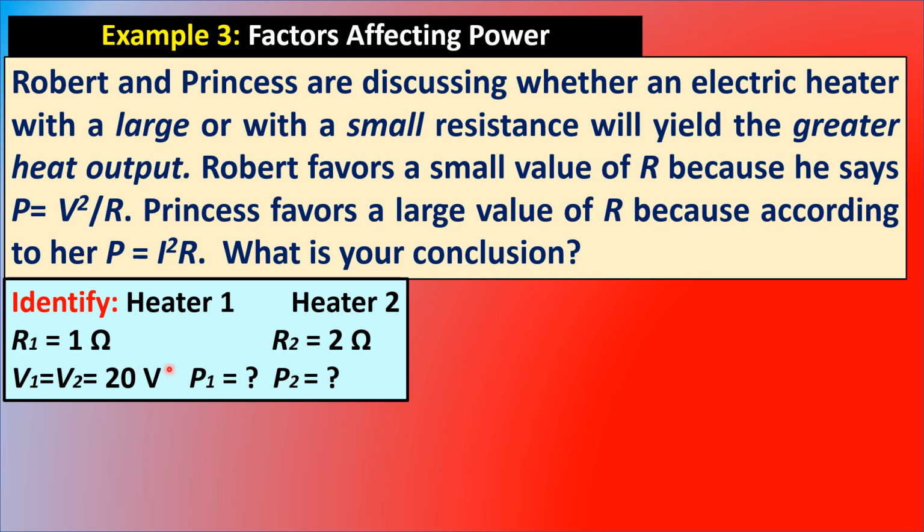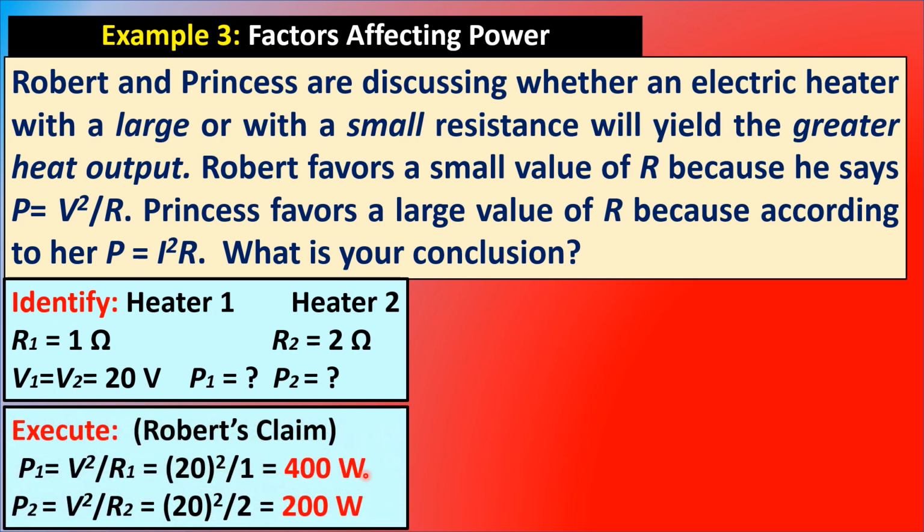And we are going to calculate for the power, P1 as well as P2, using both equations mentioned by Robert and Princess. So here we go. As claimed by Robert, P1 is equal to V squared over R1. Substituting the given voltage and R1, we get this power P1 of 400 watts.